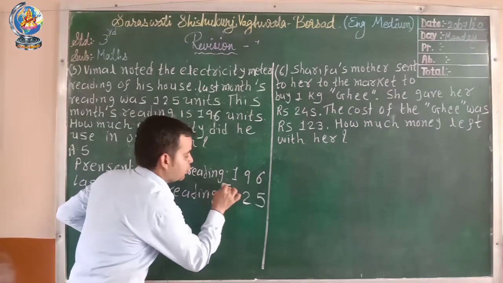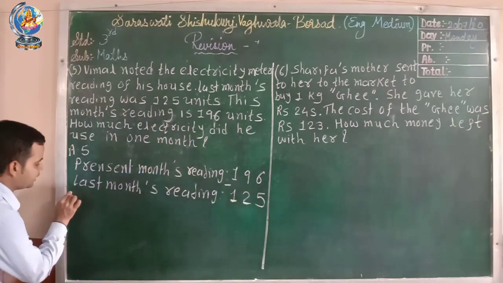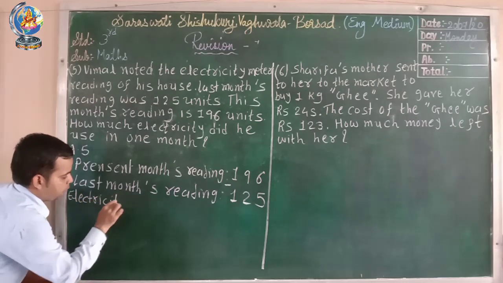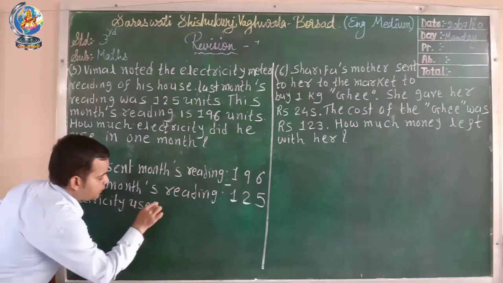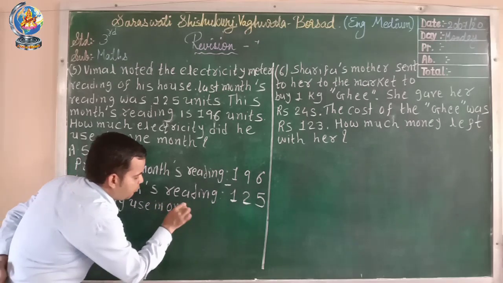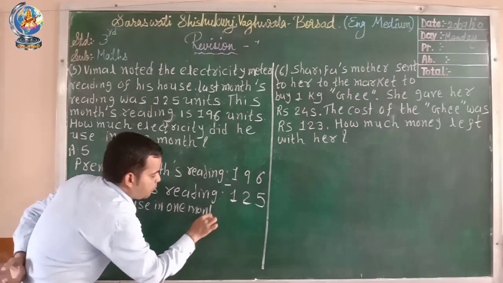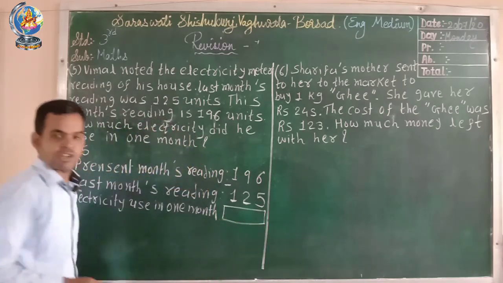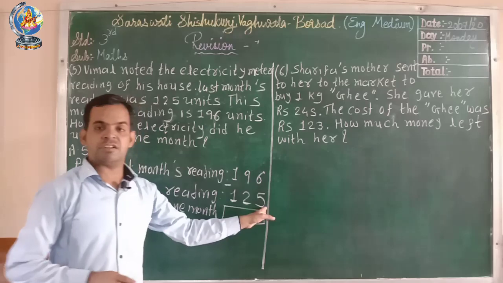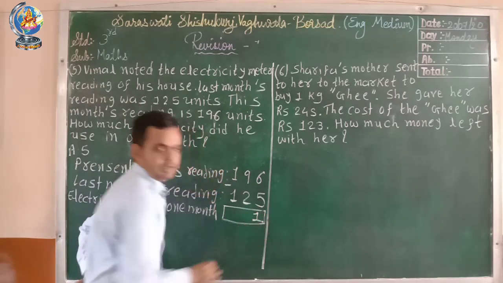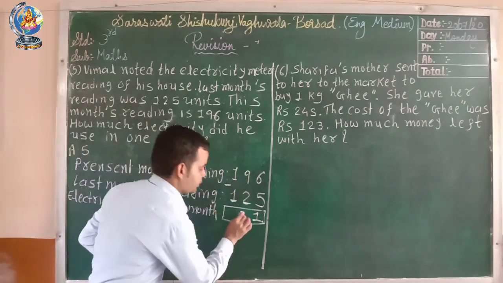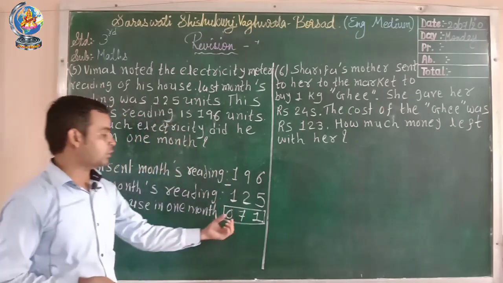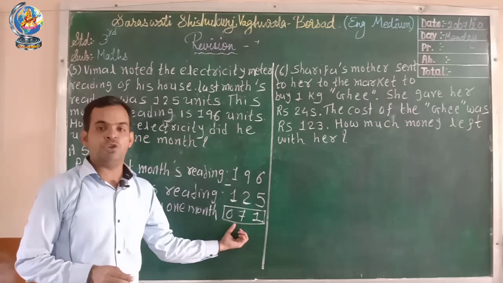So now we can write electricity used in 1 month. We have to find that. Now we do subtraction of both numbers. 6 minus 5 is 1, 9 minus 2 is 7, and 1 minus 1 is 0. So our answer is 71 units.